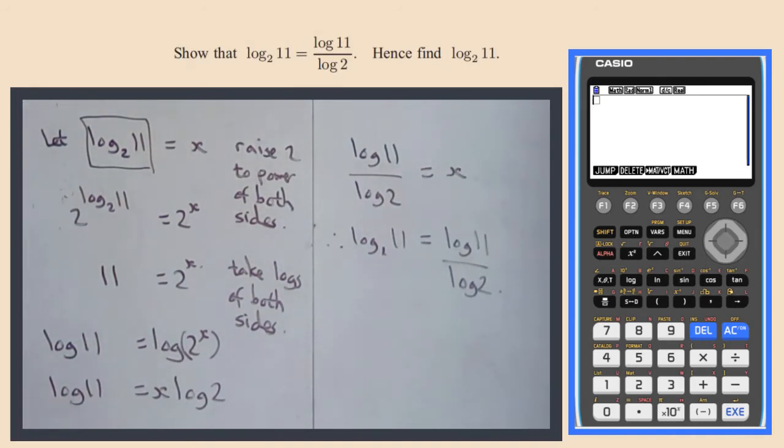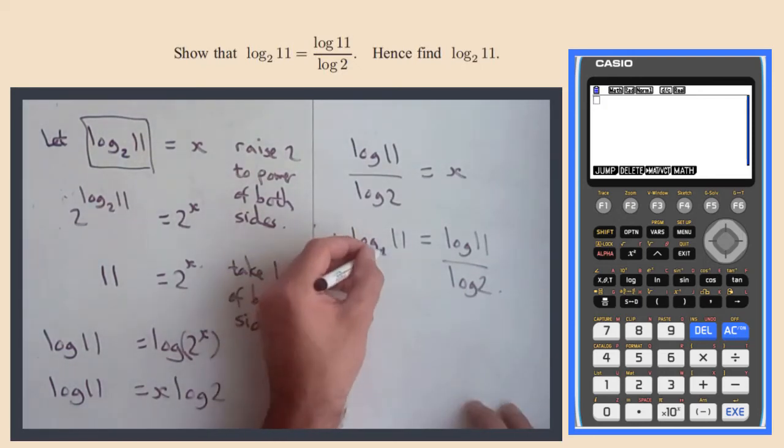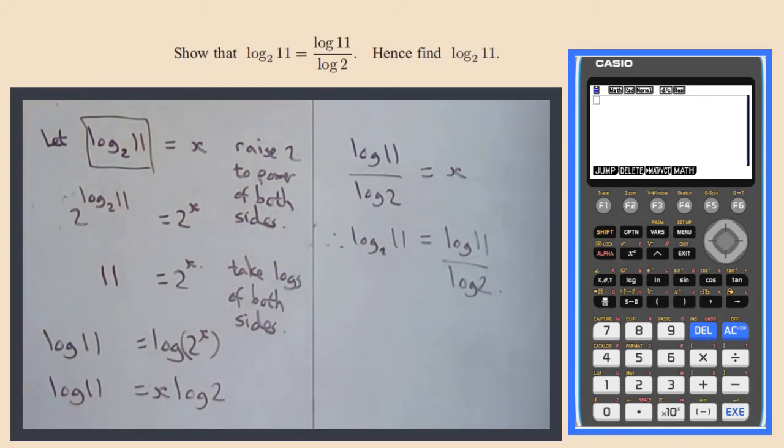Now what we're going to do is the second bit. So it says hence find log base 2 of 11. Now on your calculators, because they're modern calculators, you could just type in log base 2 of 11 anyway, but for years and years you only had log base 10, which is this, and log base e, which you'll come to in a year or two's time.